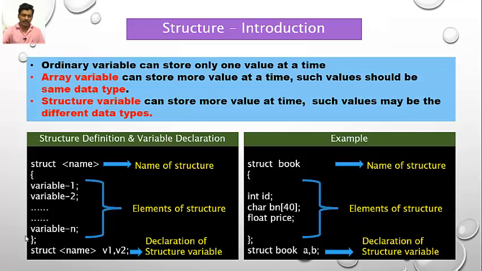Within the braces, we can declare variables. As per our requirements, we declare different types of variables within this block. These variables are called elements. So these are all the elements of the structure.